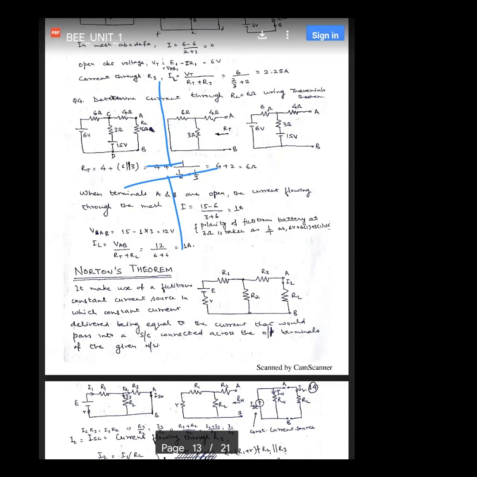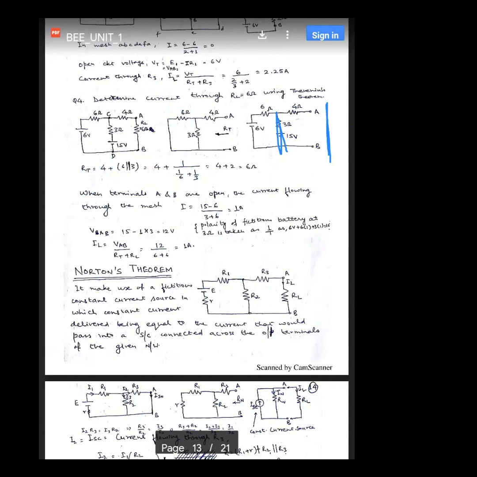So this 3 into 1 is 3 volts, and 15 minus 3, the effective voltage will be 12 volts. So 12 volts is here, which means that the open circuit voltage is also 12 volts.